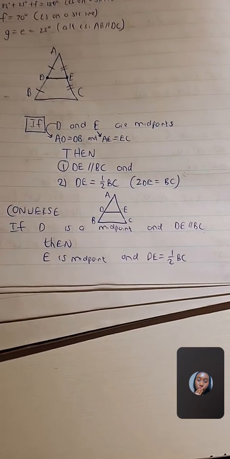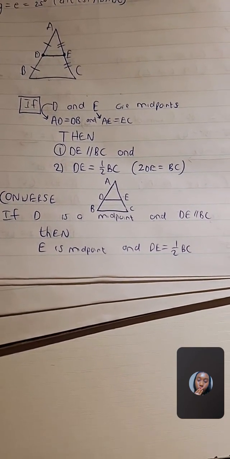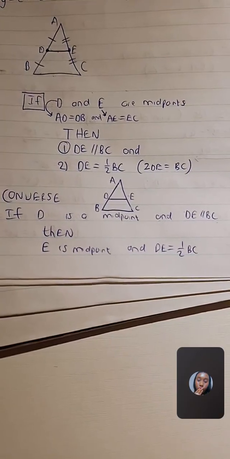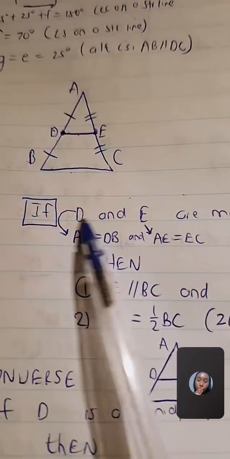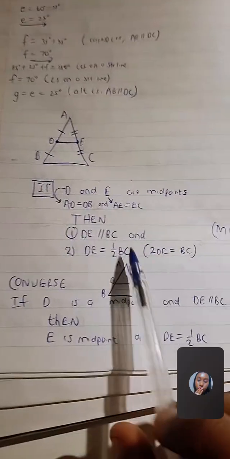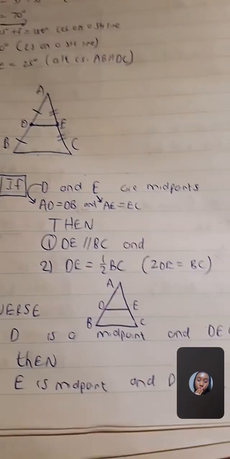So once you understand the conditions, then you can conclude about a particular result. You can conclude with these results if these are the conditions, and you will always use your reason as being midpoint theorem. And that is an acceptable reason to use.